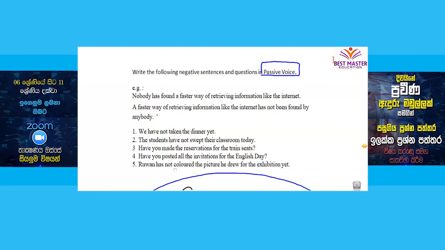If you want to write a passive voice sentence, there should be the object first. After that, according to the object, if it is singular, has been plus past participle verb; if it is plural, have been plus past participle verb. After that, you can add the doer using by.